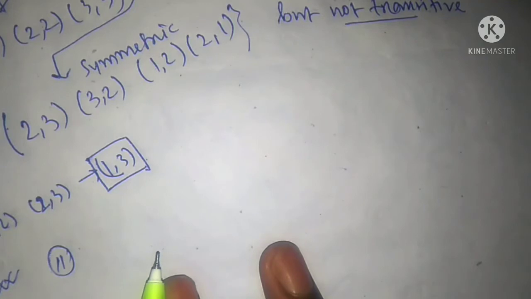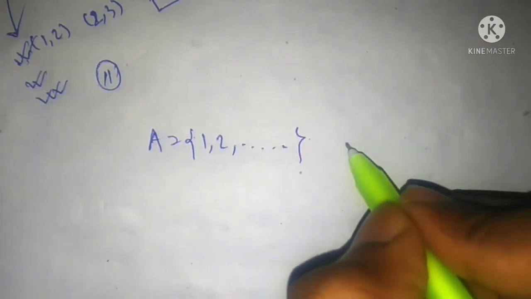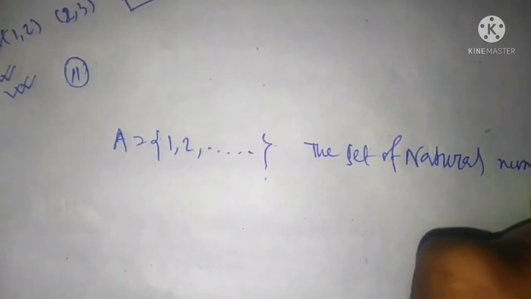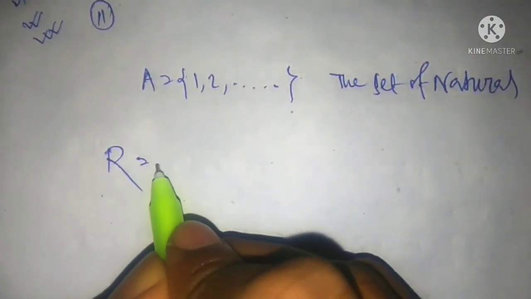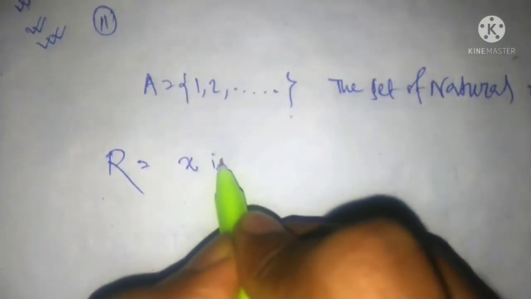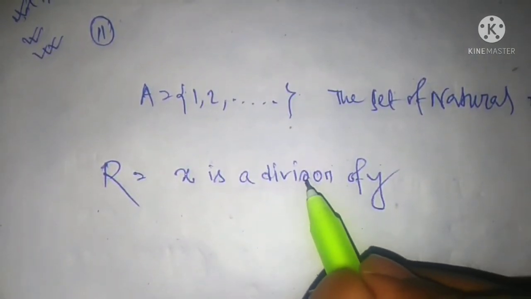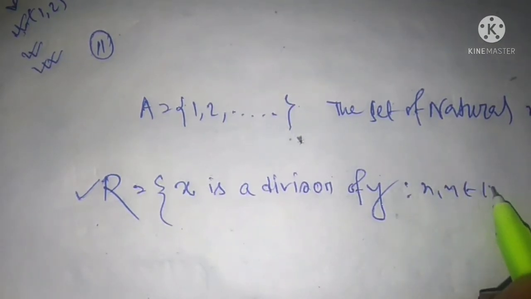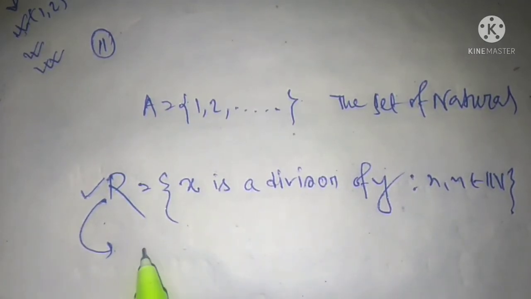So take another set. Let another set A equal 1, 2, and so on, the set of all natural numbers. The relation to be defined is R, where R is: x is a divisor of y, such that x, y belong to the natural numbers. Then R is reflexive and transitive but not symmetric.